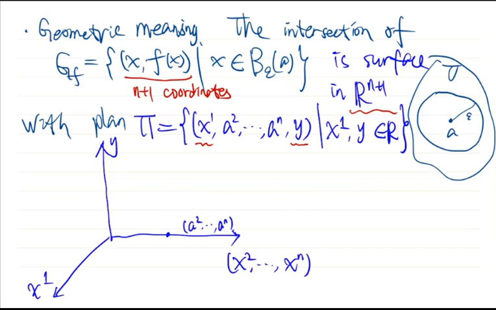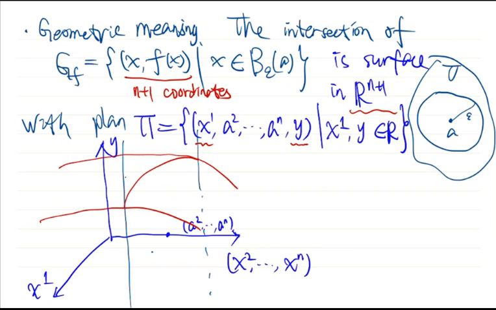Therefore, this is a plane. Maybe I change the color. This is a plane here, and our graph of f is a surface I draw using red. So this is capital G_f, the graph of f.